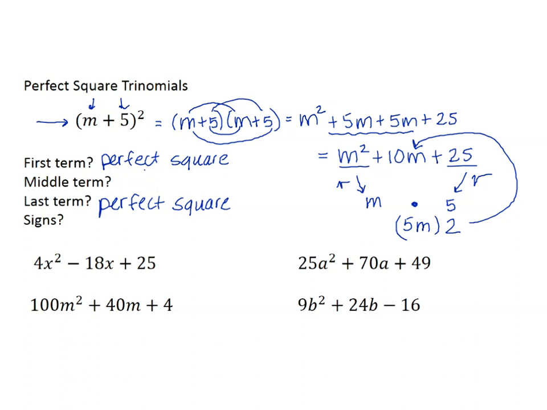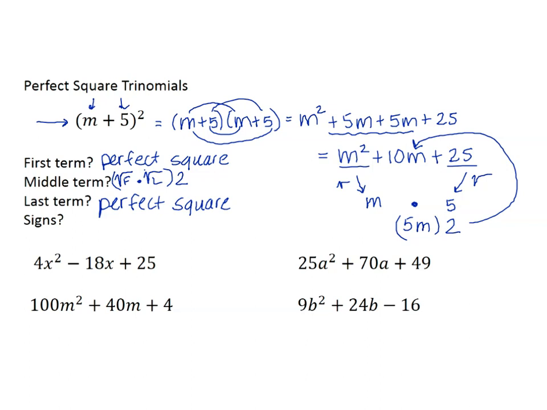So I have the square root of the first term times the square root of the last term, and then we double it. Right, so that's what the middle term is. It's the product of the square root of the first term and the square root of the last term, and then we double that.